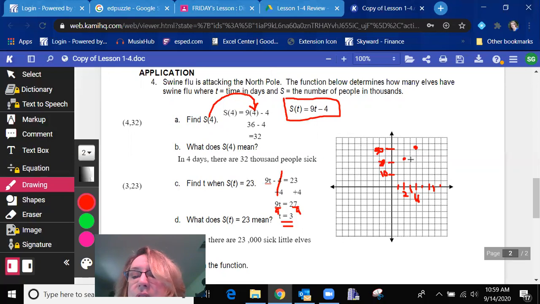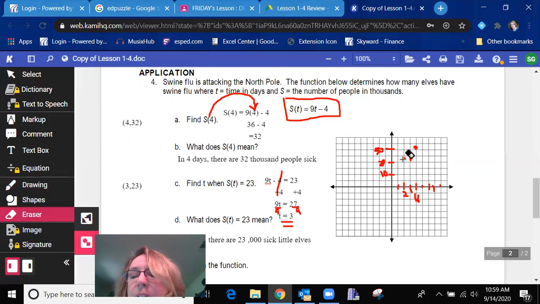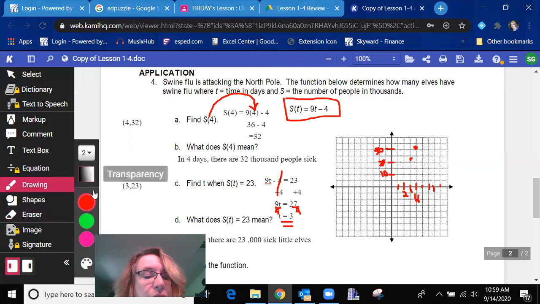Oh, this one. Let me go erase that one. I erased the correct one. Yeah, there is this line that goes through there, something like that.